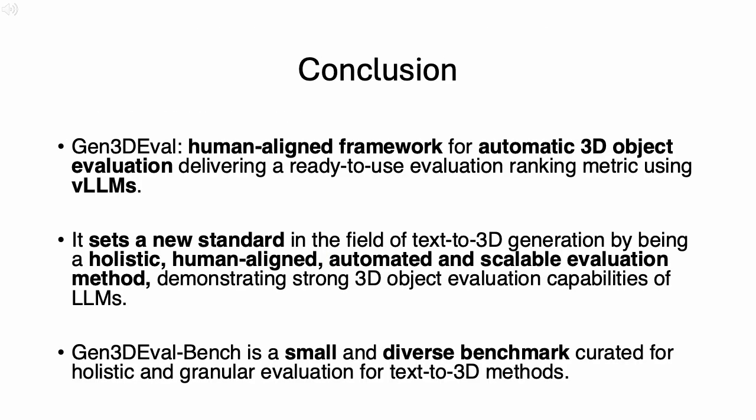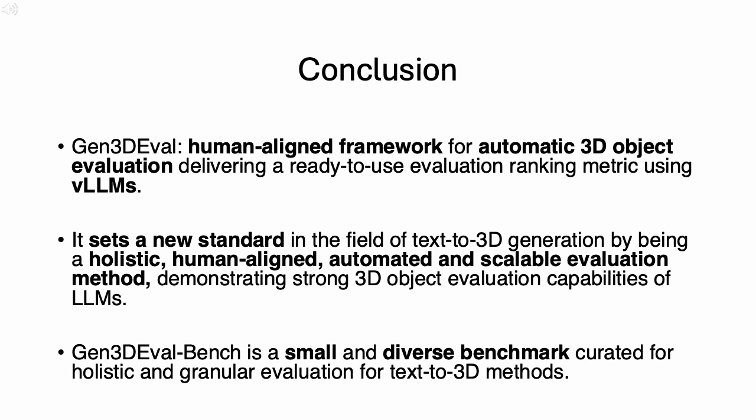In conclusion, we have delivered a human-aligned framework for 3D object evaluation called Gen3DEval. It incorporates 3D aesthetic preference into the vision language space by fine-tuning a vision-based large language model on annotated data, transforming that into a ready-to-use evaluation ranking metric.